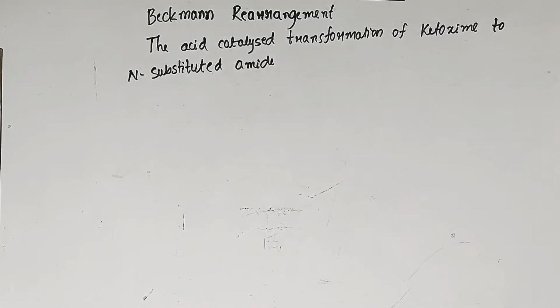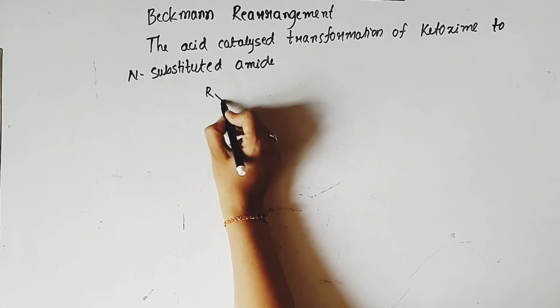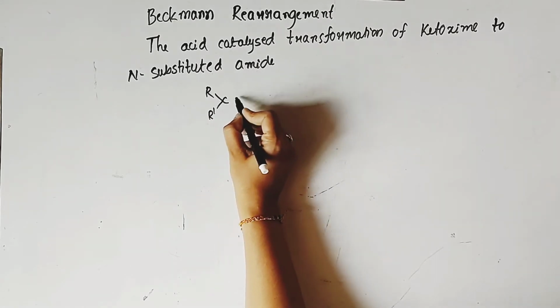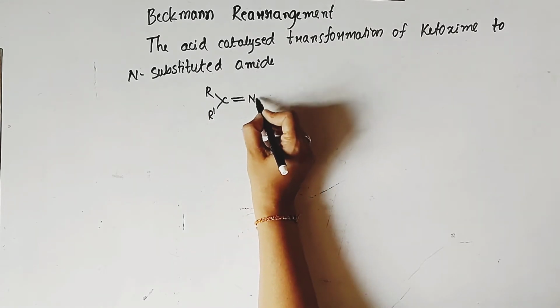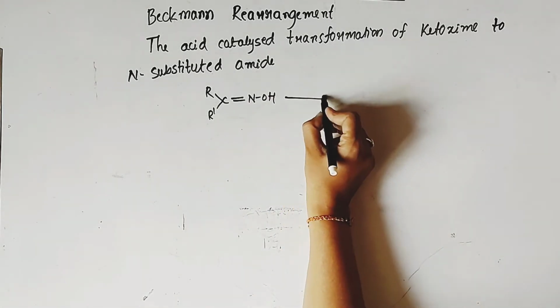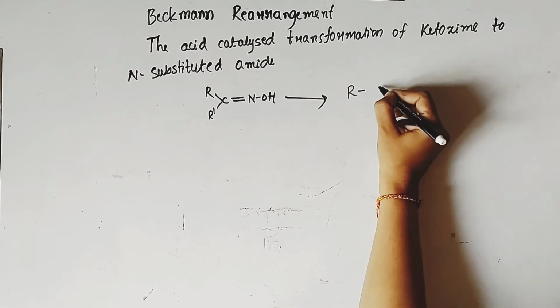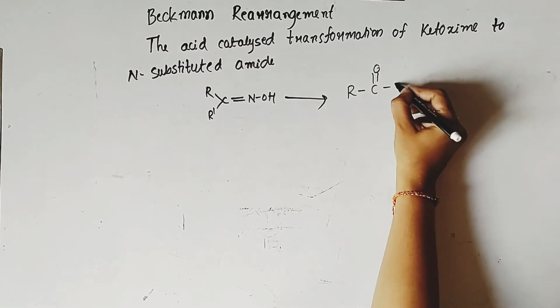So I will take one general example here. So R, R dash. This is our ketoxime, which is going to be transformed into an amide group.